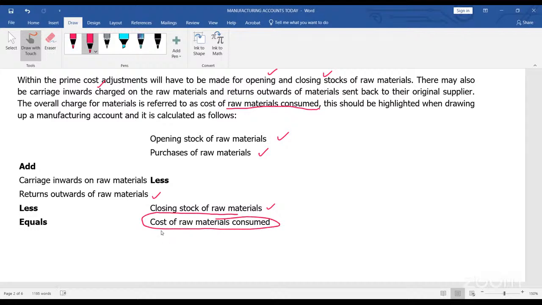So cost of raw materials consumed equals the opening stock of raw materials, you add the purchases of raw materials, you add the carriage inwards on raw materials, you less the return outwards of raw materials, you also less the closing stock of raw materials. Then you come up with the cost of raw materials consumed. So cost of raw materials consumed is part of the prime cost calculation.